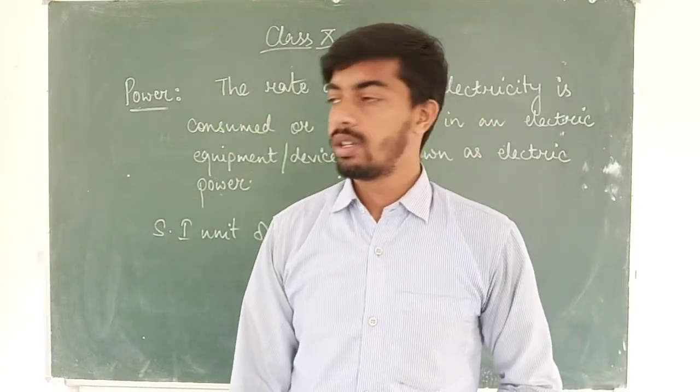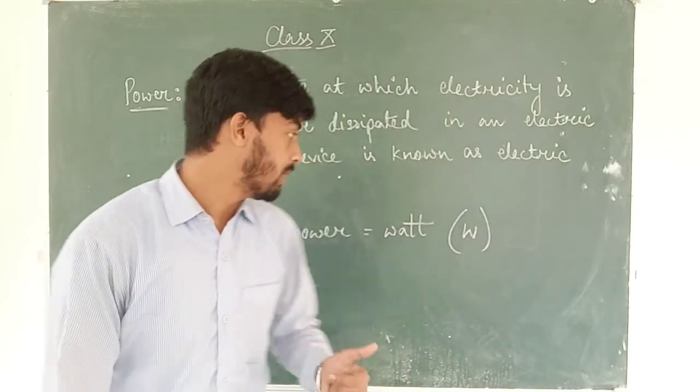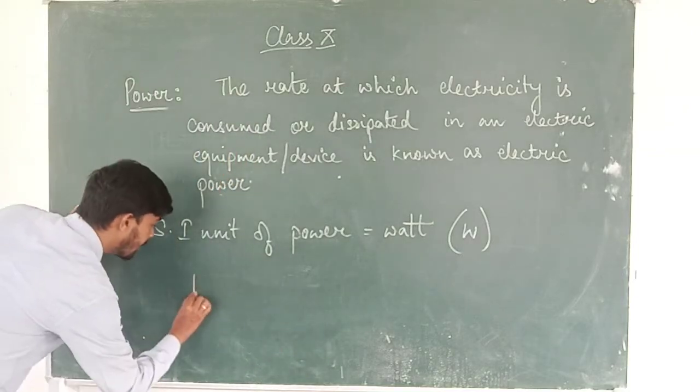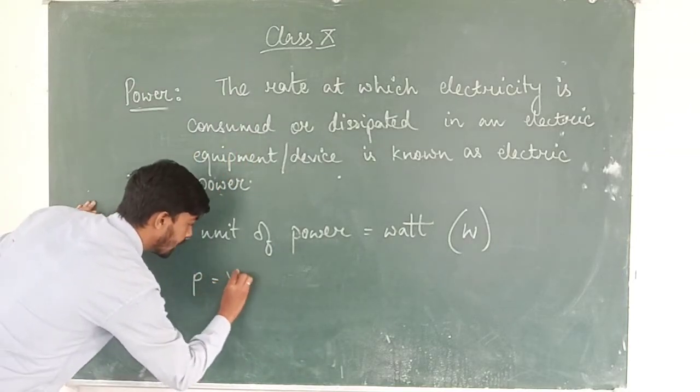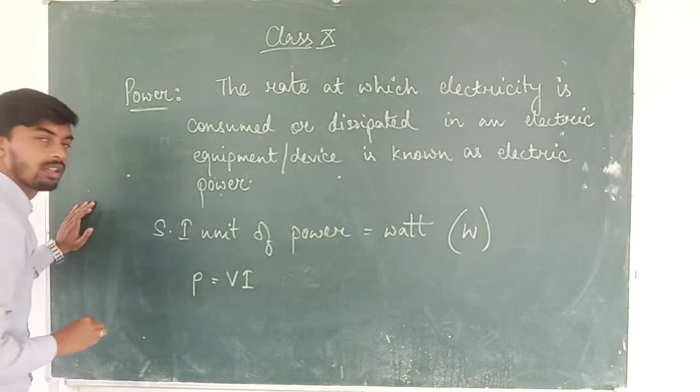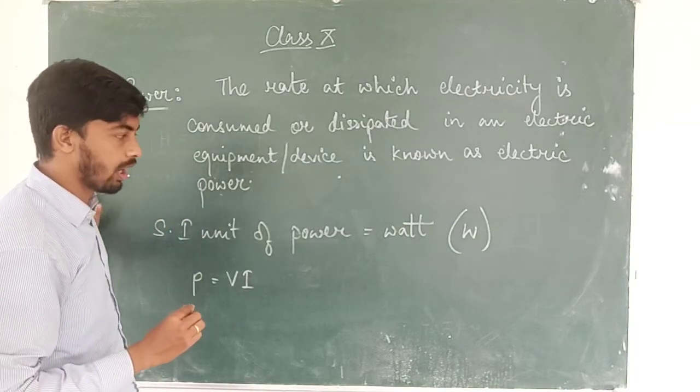The power, the symbol is P, and it is given by VI. Power equal to voltage into current.